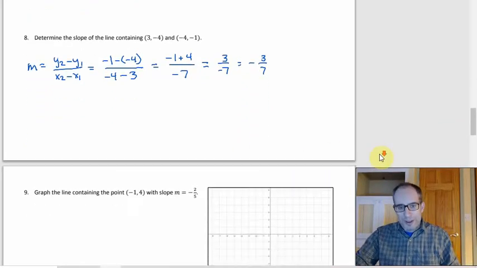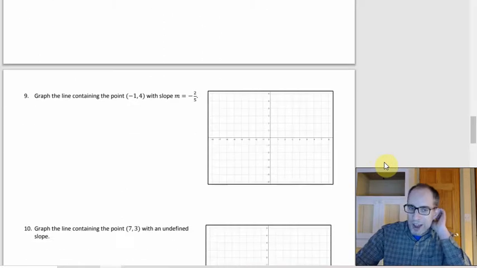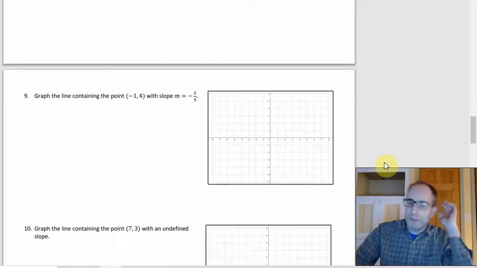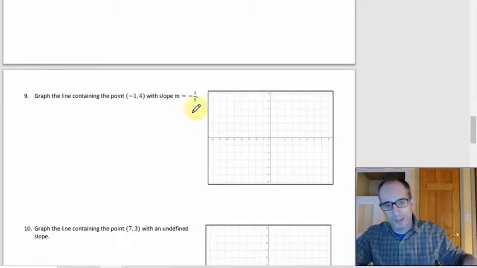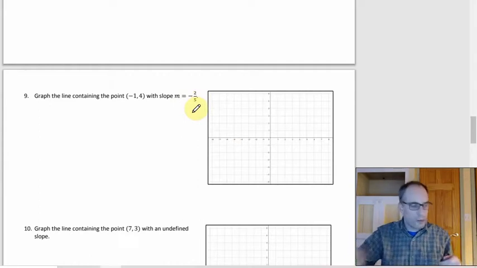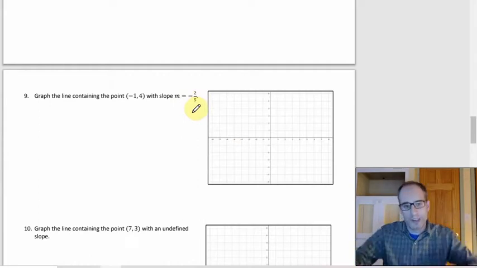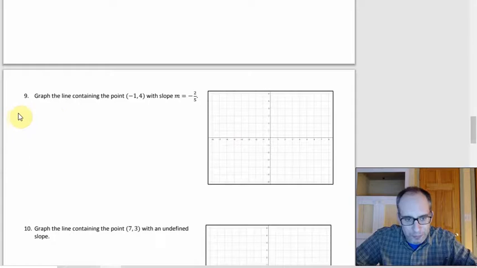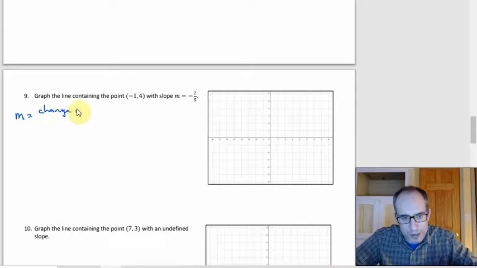All right, next is, what if you had to graph the line containing a given point with a specified slope? And this is where we use that the slope is the change in y over change in x. So I'm going to write that down before we even do anything, that m is equal to the change in y divided by the change in x.